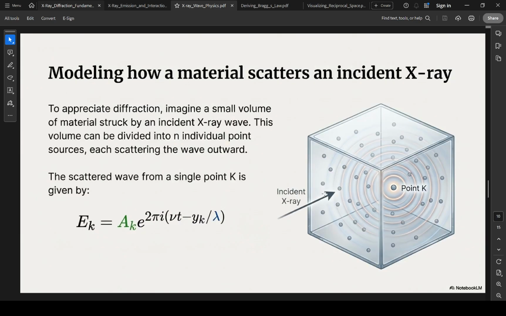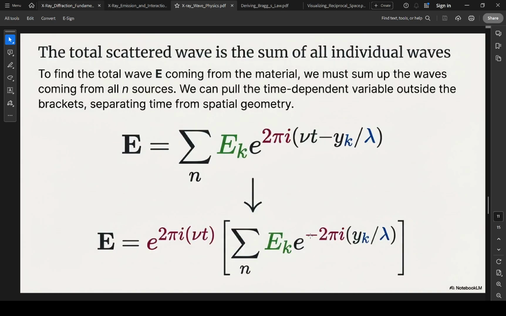So when an incident X-ray hits a certain point, it will scatter all across the region, and hence it will result in a formula such that E equals sigma n e k e to the power 2 pi iota (mu t minus yk by lambda), where k is each and every point.